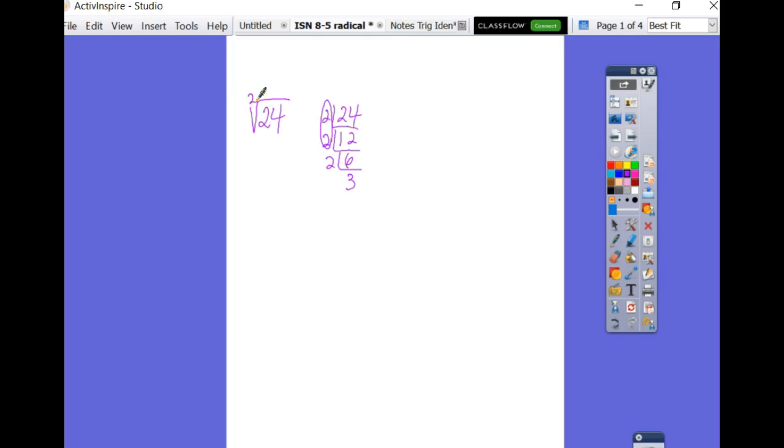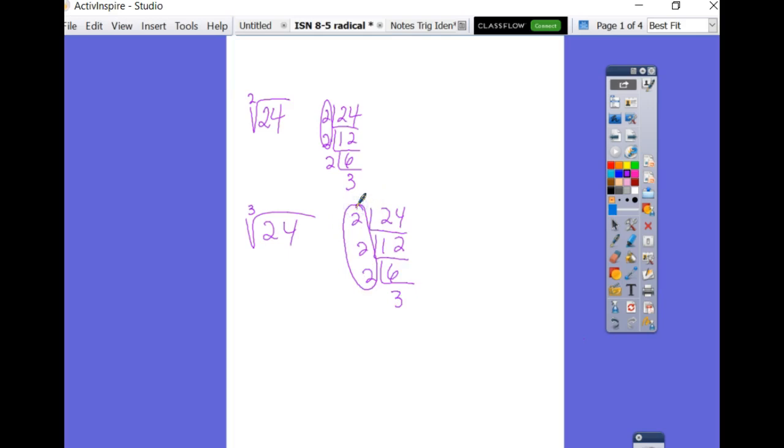So if I was going to do this, I use the exact same thing. This time I want the cube root of 24. So that means I need 3, not 2. So you get 3 to come outside. So do I have 3 2's?